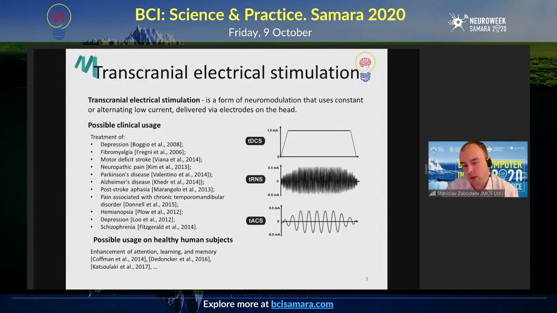This is what is also used today in terms of stimulating with alternating current. You could use our bands alpha, beta, gamma, theta, delta, and there's a separate study devoted to AC stimulations in the alpha range of 10 hertz and how the stimulation in this band would impact certain brain functions.